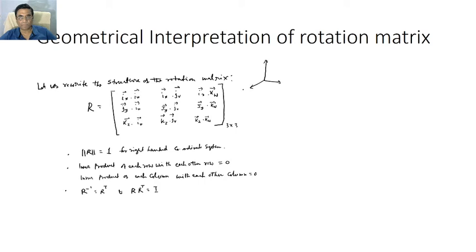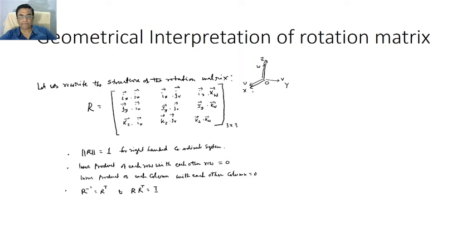So this is my X, Y, Z, and this is also U, this is V, and say this is W, okay? And this is the origin O they are sharing.